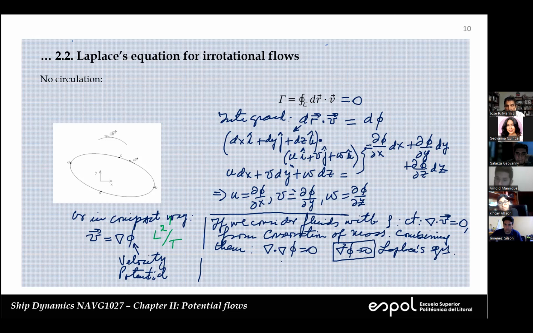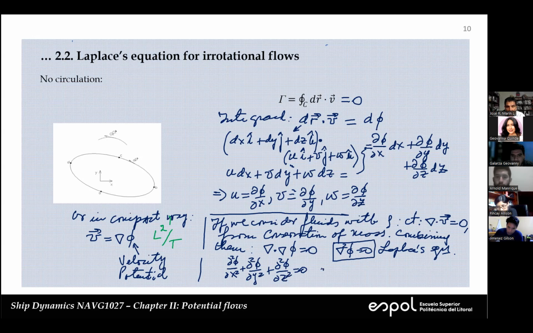If you replace this, then this is equal to the second partial derivative in x plus the second partial derivative in y plus the second partial derivative in z, which has to be equal to 0. So this is exactly equivalent to that.